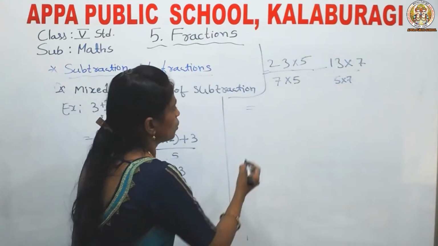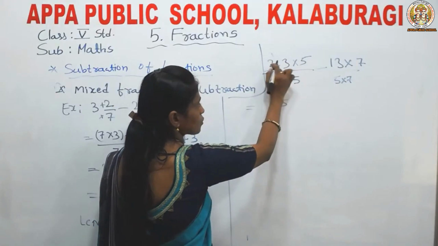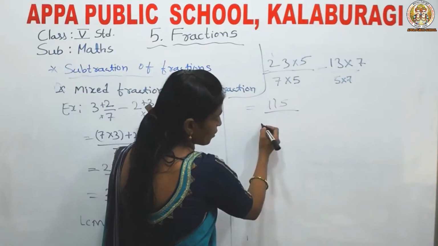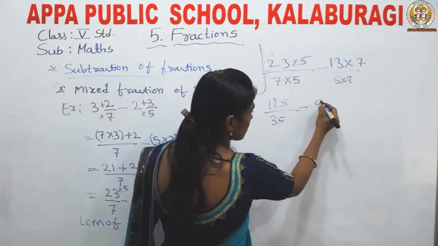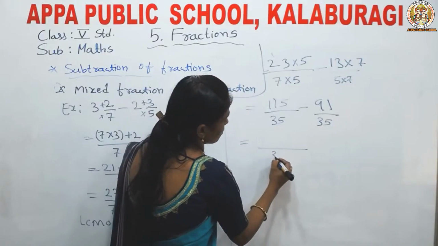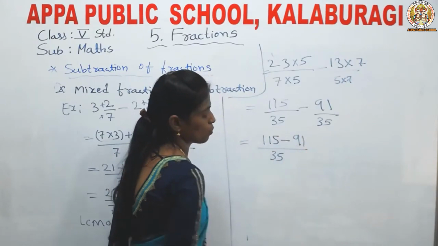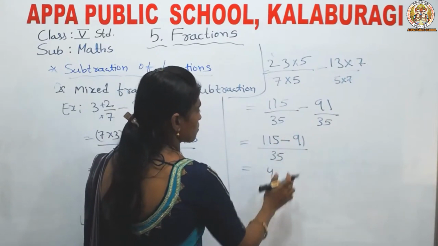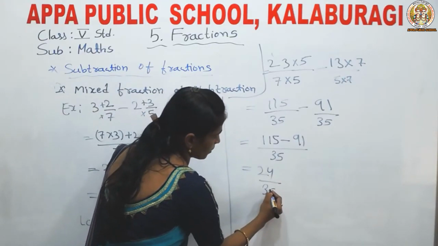Now solve. 23 5s are 115, divided by 35. Minus 13 7s are 91, 91 divided by 35. Now the LCM is 35, so 115 minus 91. Now subtract: 5 minus 1 is 4, 11 minus 9 is 2. That is 24 divided by 35.